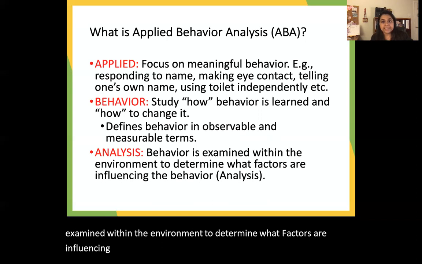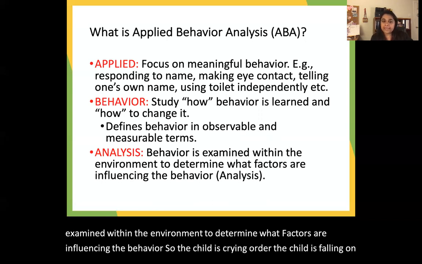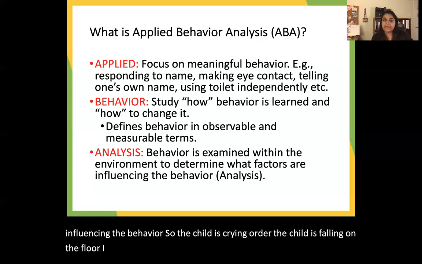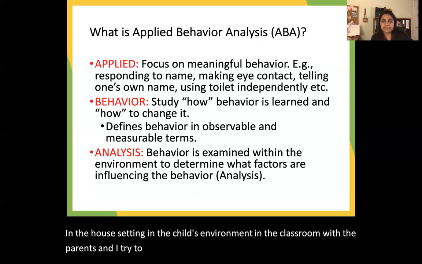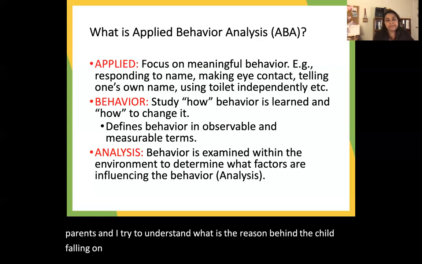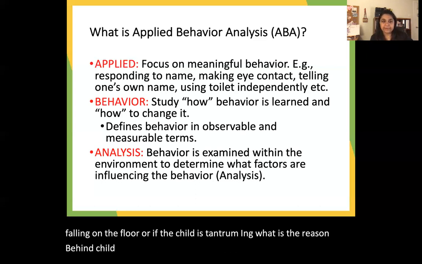So if the child is crying or falling on the floor, I analyze the behavior and look at various variables in the house setting, in the child's environment, in the classroom, with the parents, and I try to understand what is the reason behind the child falling on the floor. Or if the child is tantruming, what is the reason behind the child engaging in tantrum behavior?